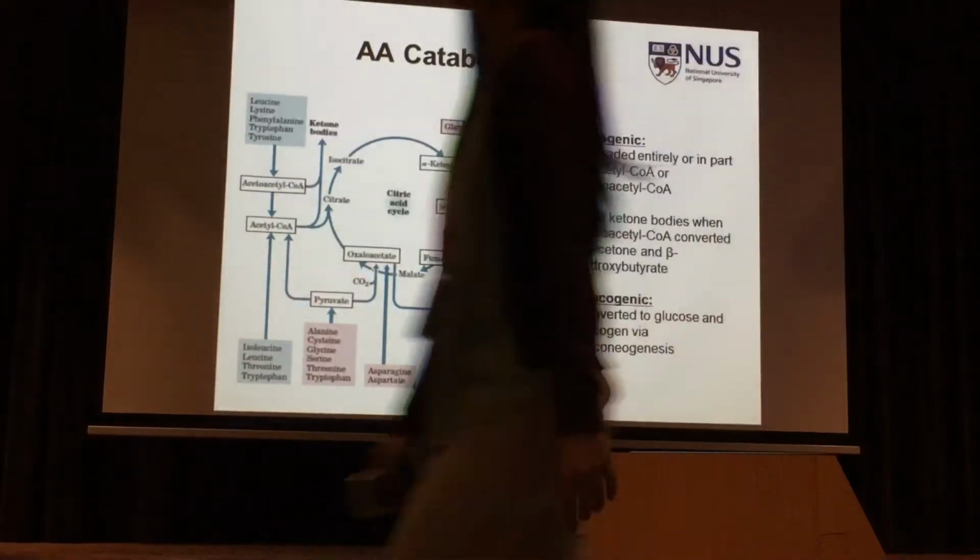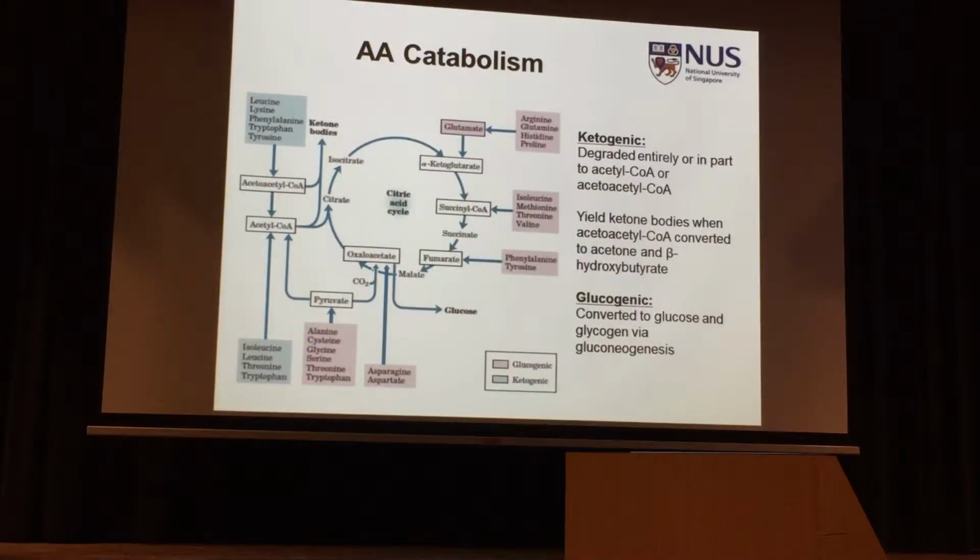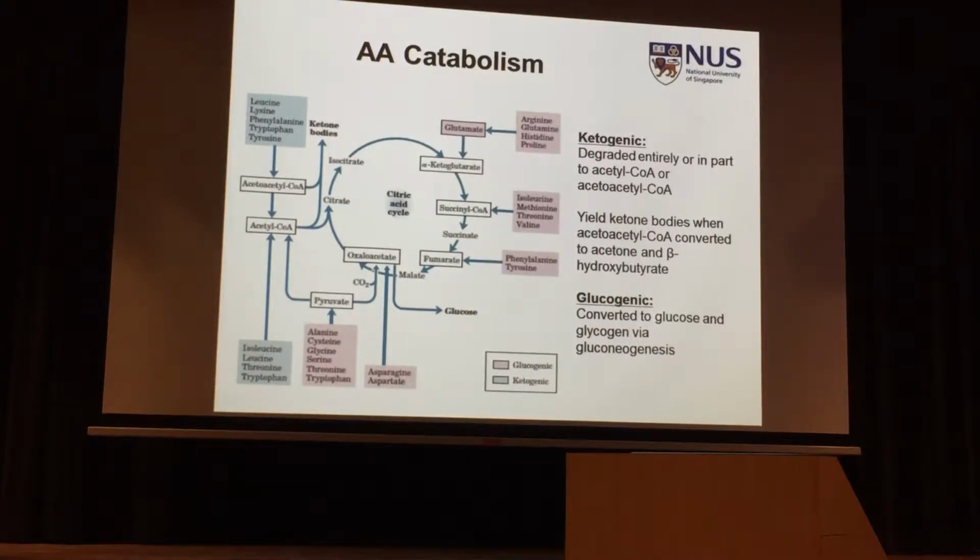And because of the way they enter the Krebs cycle to be harvested for energy, we have a new classification of amino acids that you have not seen before, which is ketogenic and glucogenic amino acids. The ketogenic amino acids are capable of producing energy via ketone body formation.